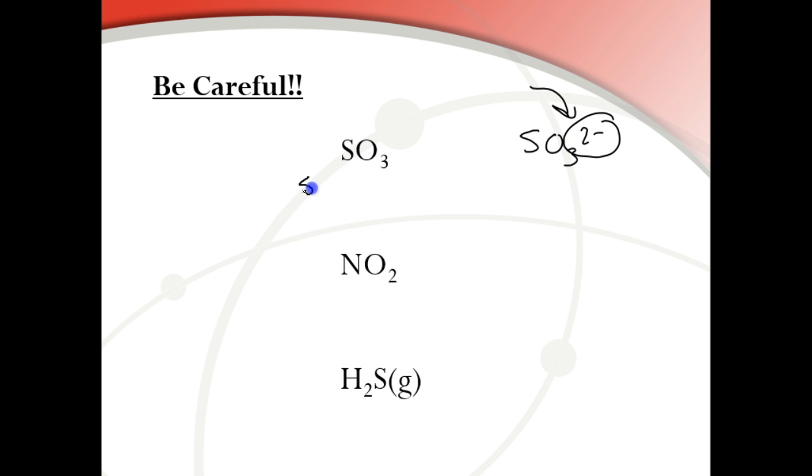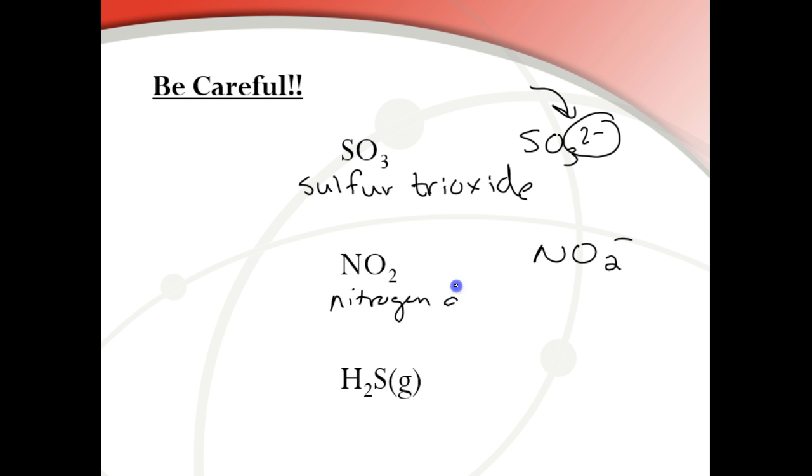So in this case, it is sulfur trioxide. I get so many people that miss that, say that's sulfite. Don't do that. Same type of example here. We've got NO2. Again, you might think this is nitrite, NO2 minus, but it's not. It's nitrogen dioxide. So don't miss something like that just because it looks like a polyatomic ion. If it doesn't have a charge, it's not.